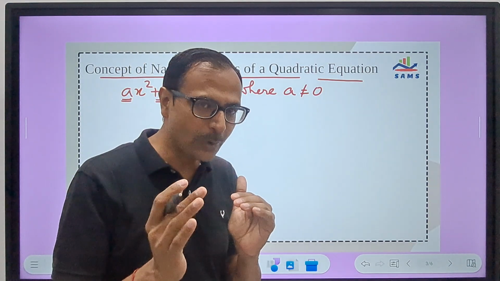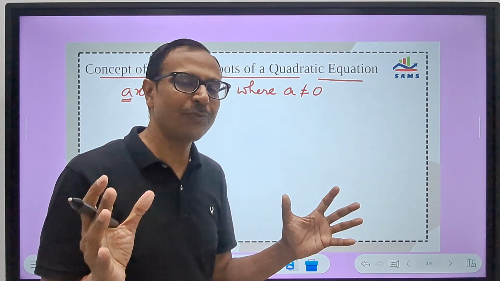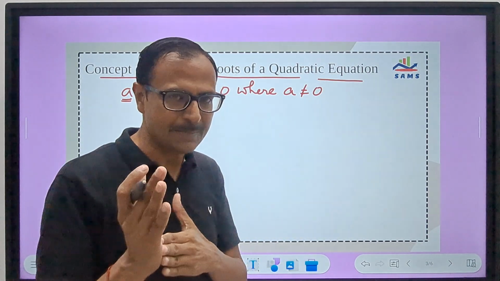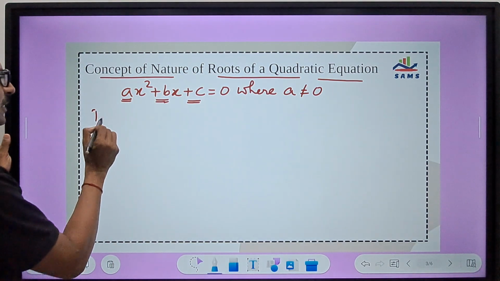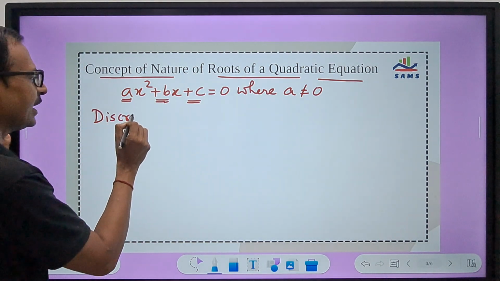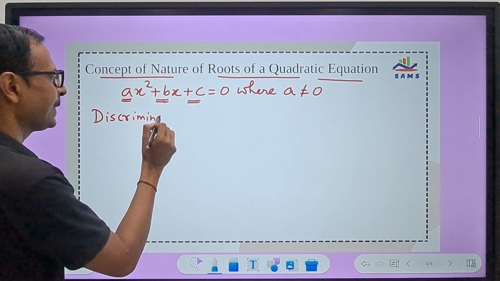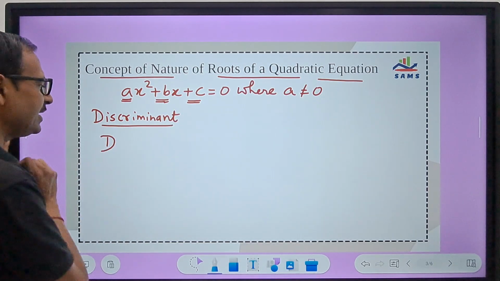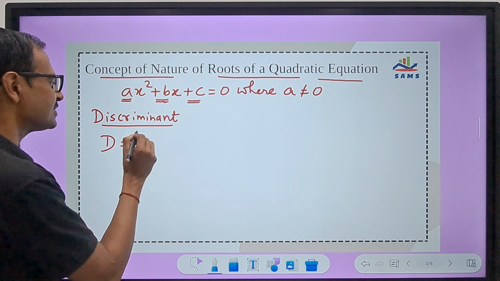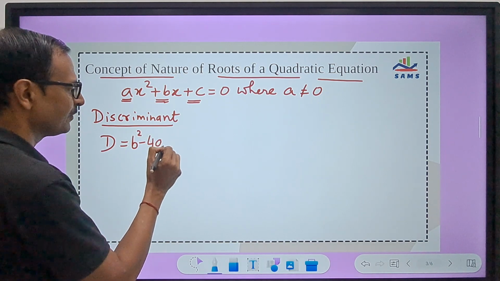From any quadratic equation we will be able to find a, b and c. For every quadratic equation we have something called a discriminant, and this discriminant is denoted by capital D, and the formula for this is b square minus 4ac.